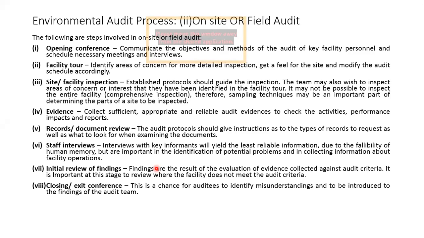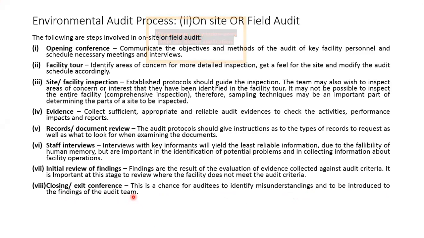And the closure, the exit conference. This is a chance for the auditee to identify misunderstandings related to the findings of the audit team. Just before closing the on-site audit, whatever findings they have, they generally share with the auditee on the spot itself before leaving.